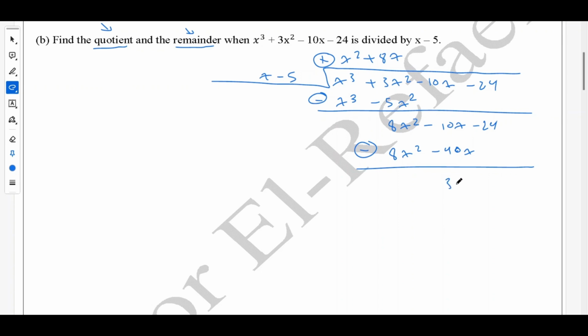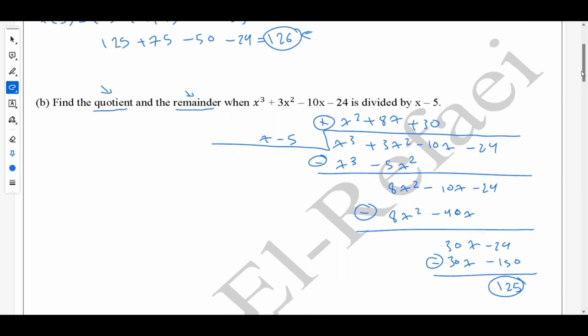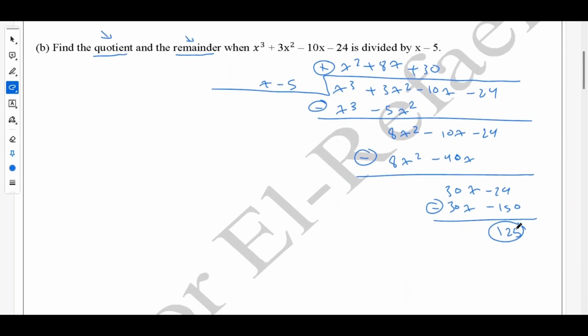It will be 30x minus 24, plus 30x minus 150, subtraction 0, negative 24 plus 150 equals 126.